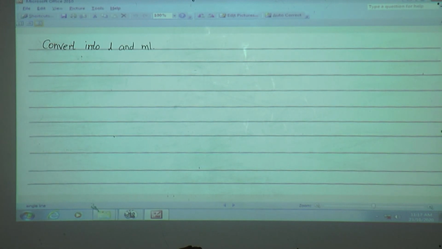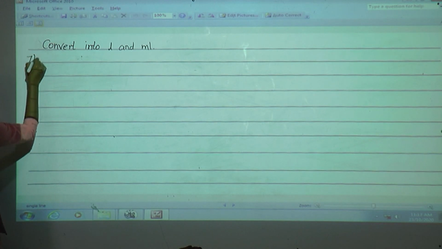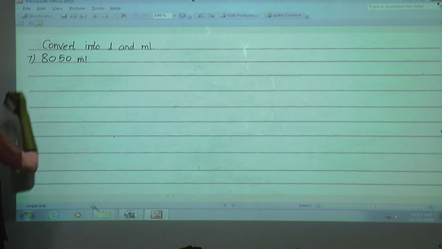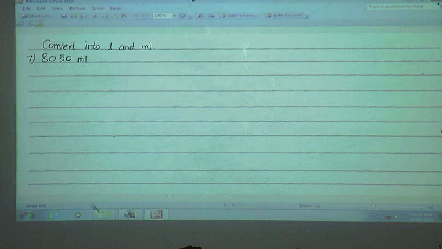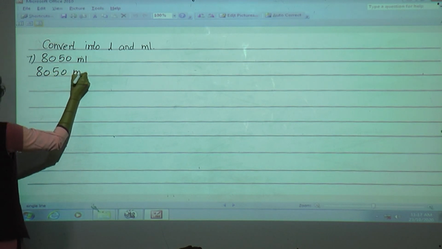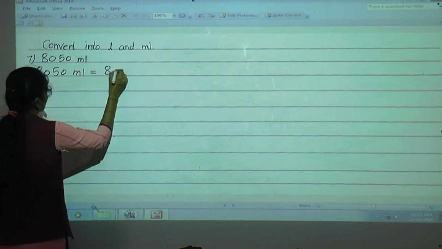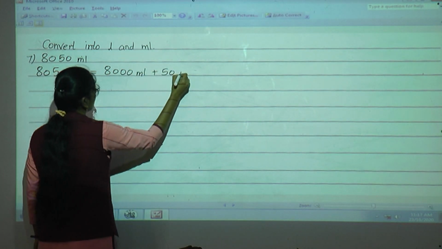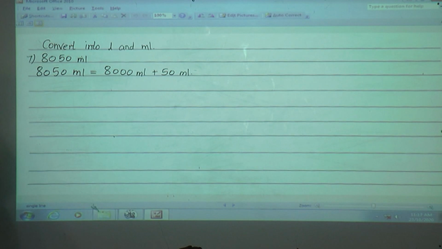Next example, 8050 ml. Now 8050 ml is equal to, split up the number. We will write this number in this way. 8000 ml plus 50 ml. What I have done here, 8050 is equal to 8000 plus 50. In this way only I have written this number.